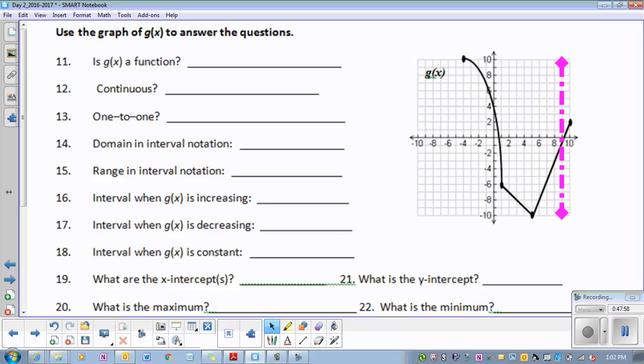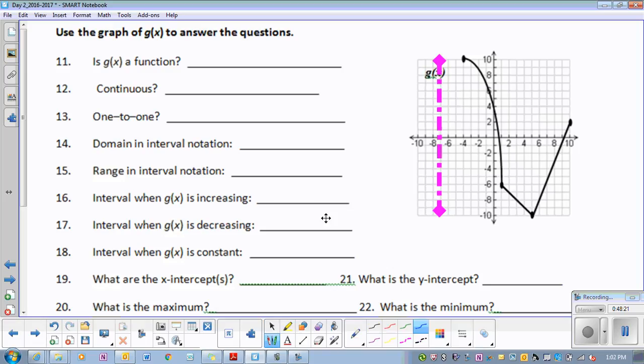Does this graph ever hit this vertical line in two places? Right here. So, no. Not a function.